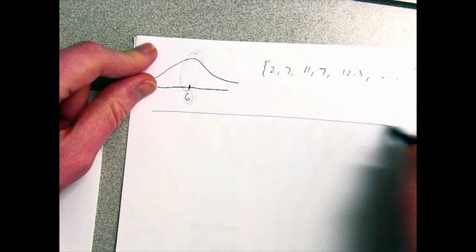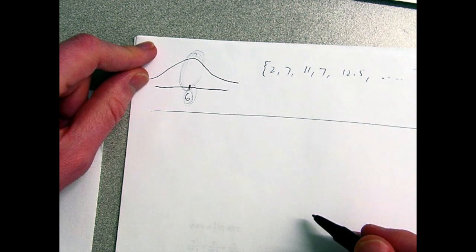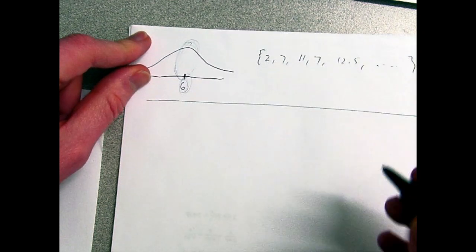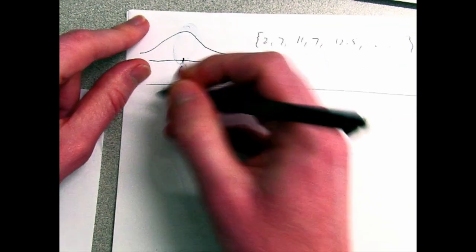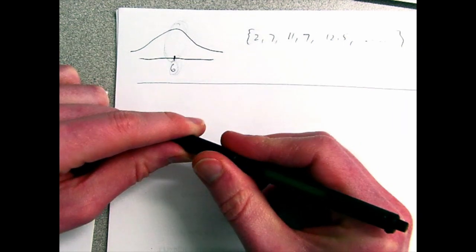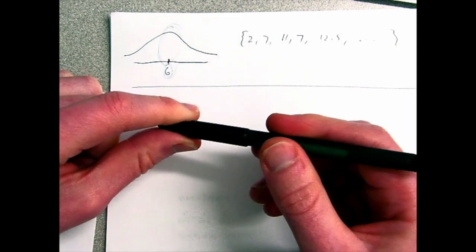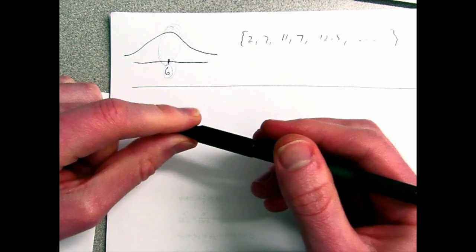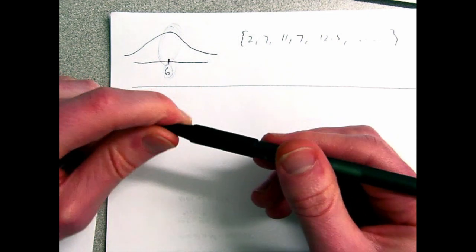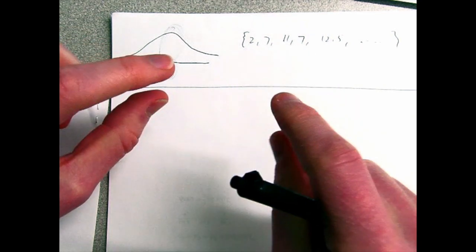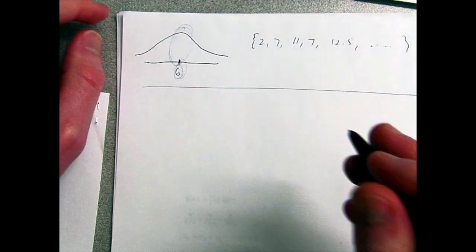Now, the thing that we have to talk about is that there are, in fact, many different normal distributions, and a normal distribution is really determined by two parameters. These are like two knobs that you can adjust to change the shape of the distribution.